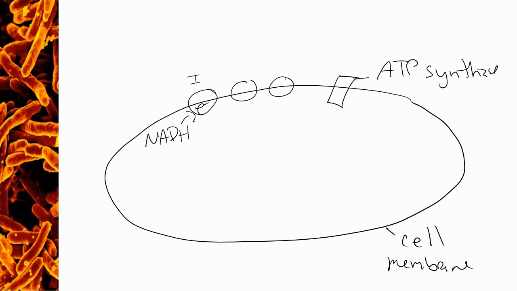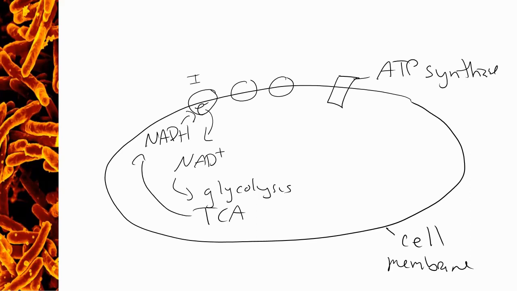And when those electrons are dropped off, NADH is now oxidized back to NAD+, which remember can now go back to things like glycolysis or the TCA cycle to pick up more electrons and come back and start the process again. Once the protein has the electron, those electrons are then passed all the way down the chain because each protein in line wants those electrons more than the first one, so it pulls them away.